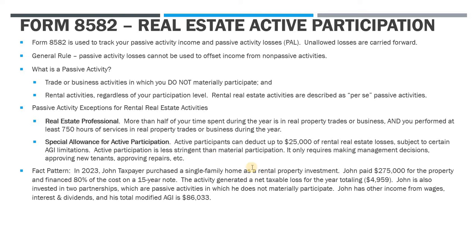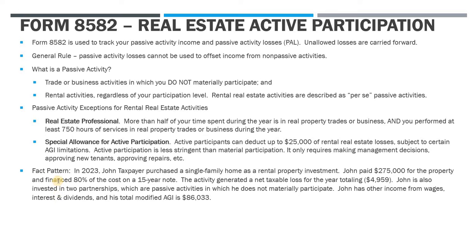To be an active participant in the real estate rental, it really only requires making a few management decisions a year. So if you're approving new tenants, approving repairs, and when you think about a rental property, right, you might have one new tenant a year. So to approve a new tenant, not a lot of work on an annual basis. And so most taxpayers that manage their own rental properties will meet this active participation test.